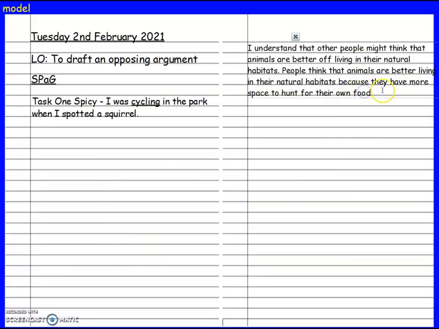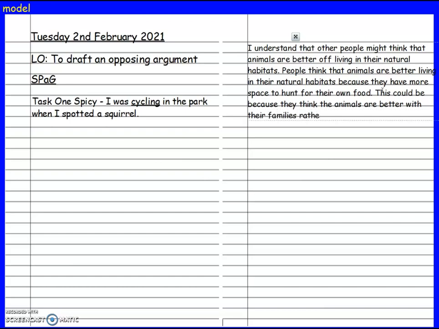Let's go back. Look at the next sentence starter. This could be because. So this is showing the empathy that we looked at as well the week before last. So we're putting ourselves in somebody else's position to try and understand their opinions. Okay, so they might think that they're better in the natural habitats, they've got more space to hunt for their own food. This could be because they think that animals are better with their families.